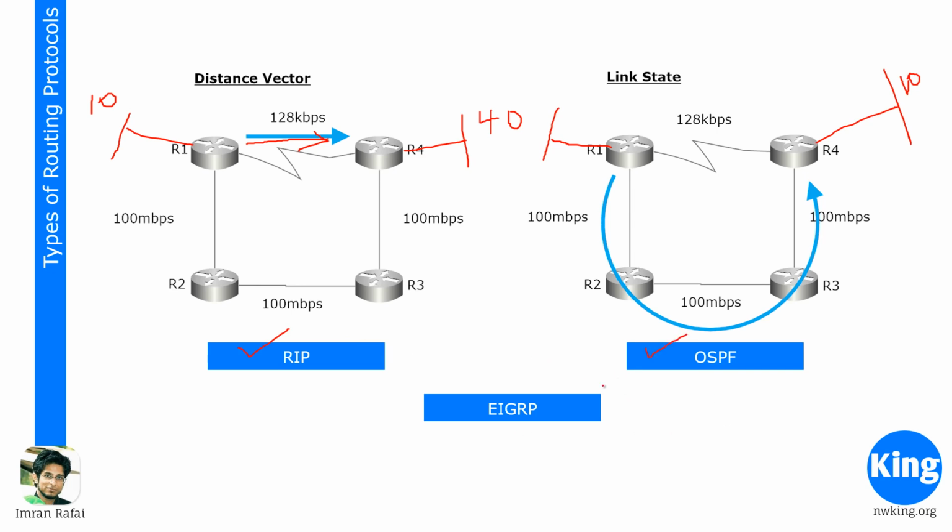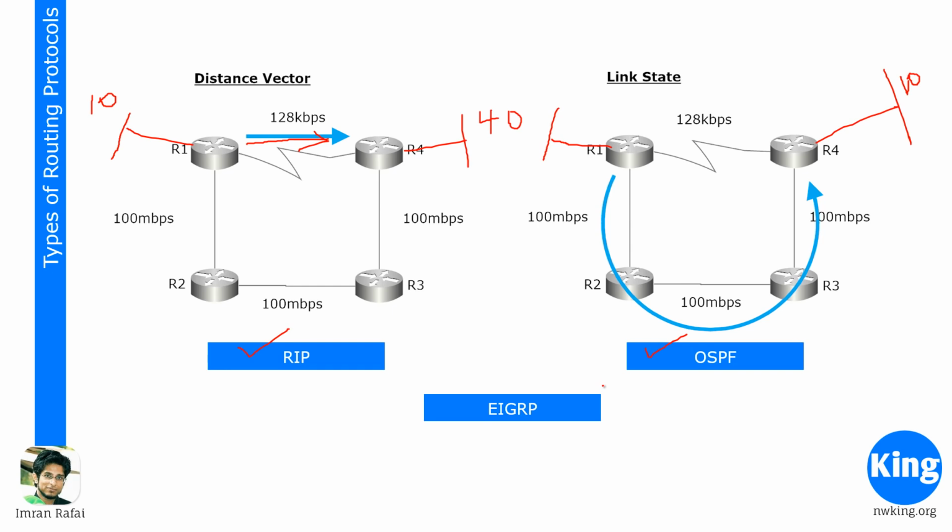We have another routing protocol called EIGRP, and this is a Cisco proprietary routing protocol, right? If you're talking about Juniper or any other networking devices, you'll never hear about EIGRP. EIGRP is a Cisco domain, and it's a very, very beautiful routing protocol. It's much more efficient than both RIP and OSPF, but you cannot use it with anybody else.